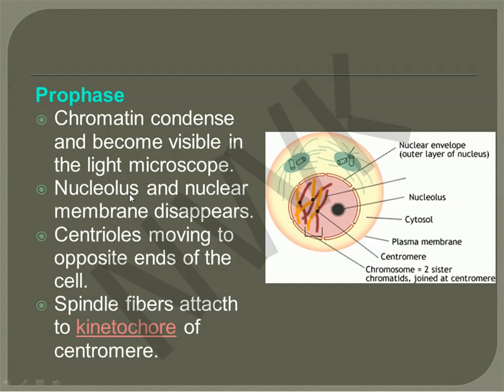If you remember, in chapter 1 I told you the nucleus is in fact formed by the integration of chromatin. Now the chromatin is condensed to form chromosomes, so definitely the nucleus will disappear. The centrioles start to move to the opposite ends. The spindle fibers will attach to the kinetochore in the centromere, which is found in the chromosome, so that they can start to align the chromosomes.